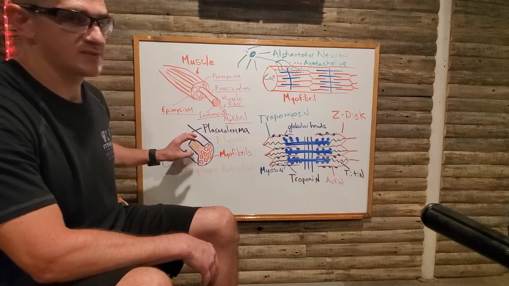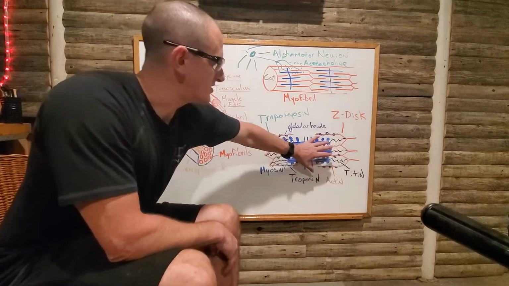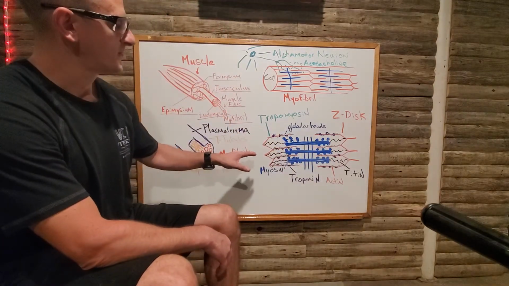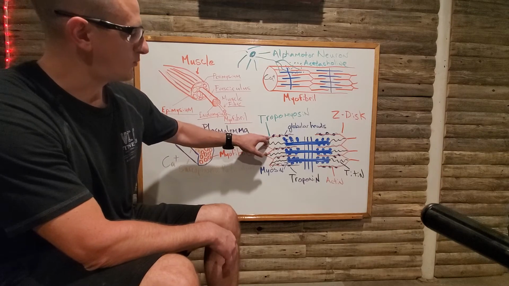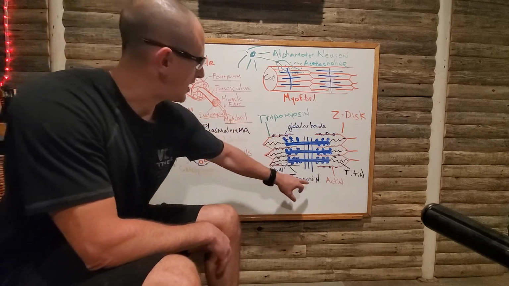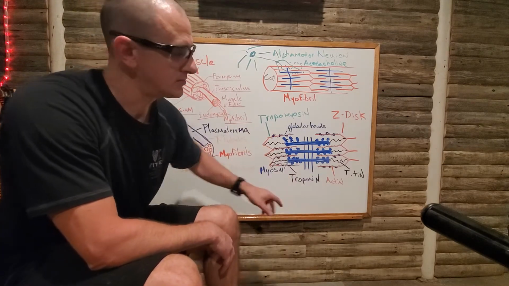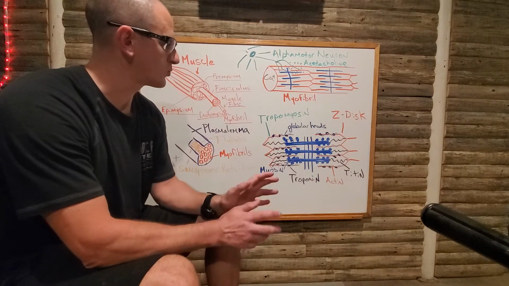And that calcium is very important, and that's when we get into this piece over here. So there's three proteins all bound together here, and they're tropomyosin, actin, and troponin. Those three pieces work together.